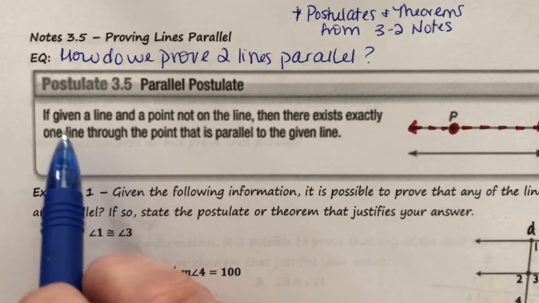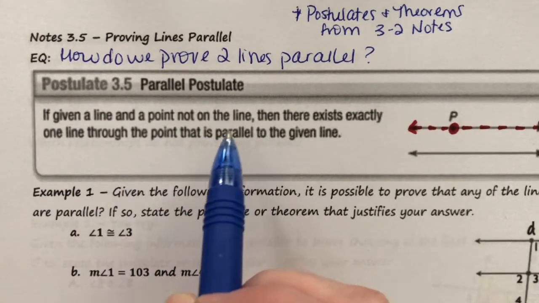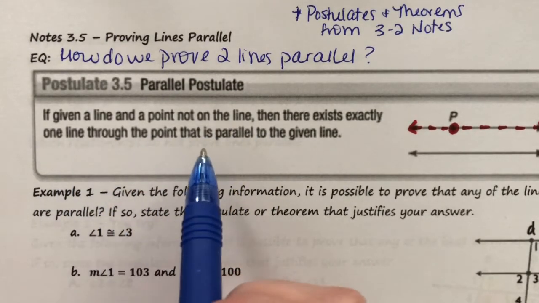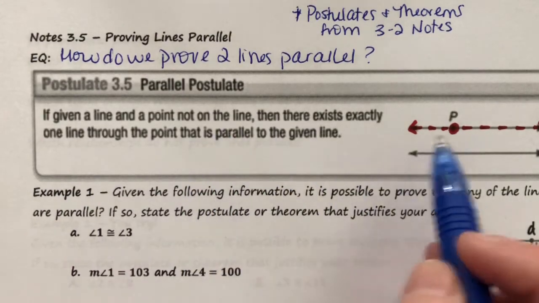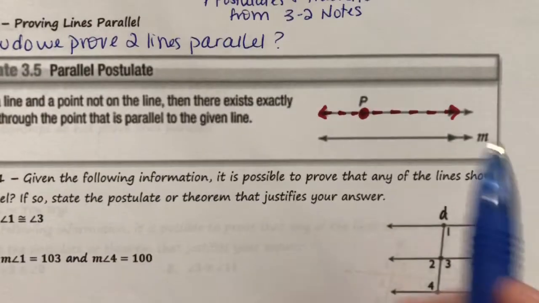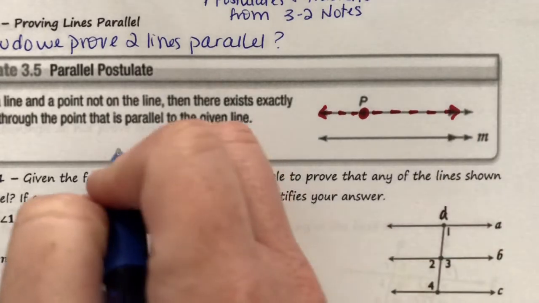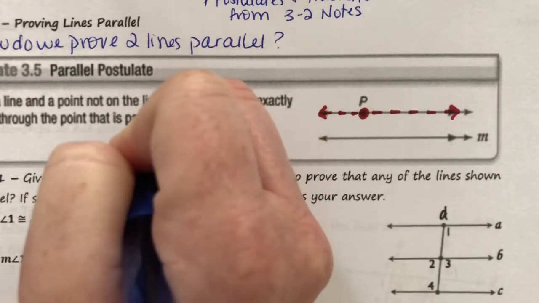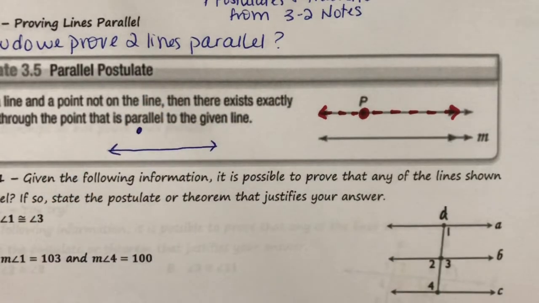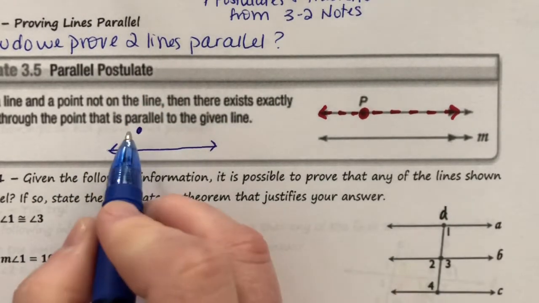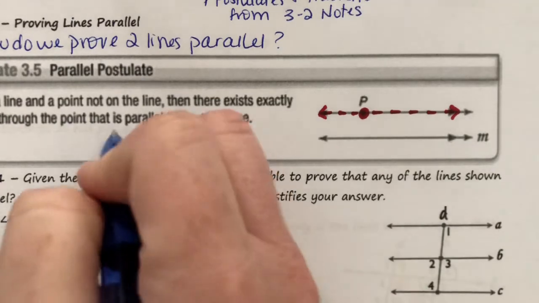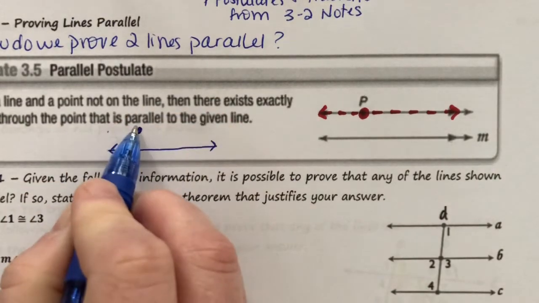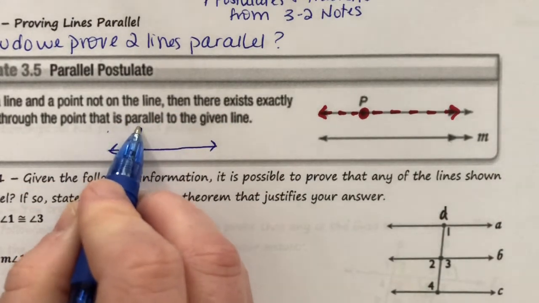If given a line and a point not on the line, then there exists exactly one line through the point that's parallel to the given line. It was a cruddy job of drawing it. They took a line, any line, and put a point up above the line, anywhere, doesn't matter where. All they're saying is that through this point, you can draw a line parallel to the line the point is not on.